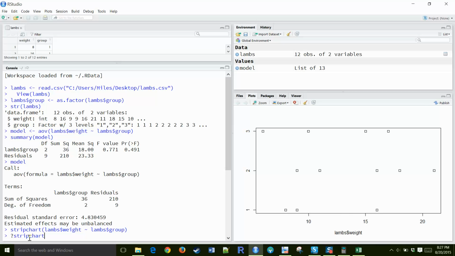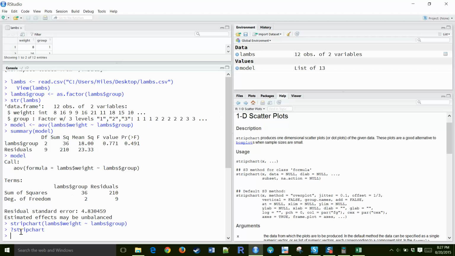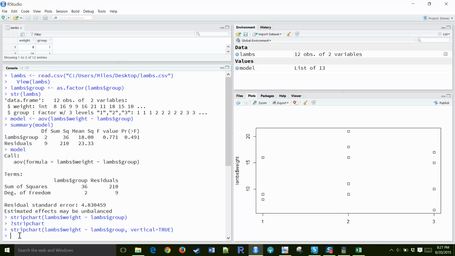I'm going to save this, and we'll re-import our data set. I'll call this lambs 2.